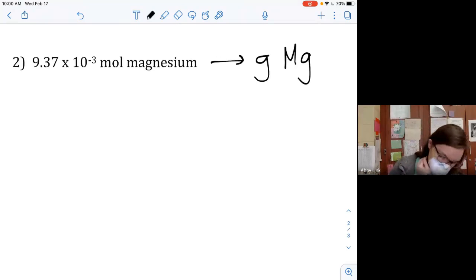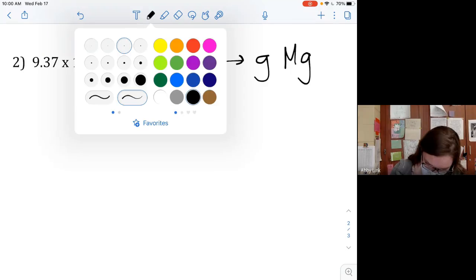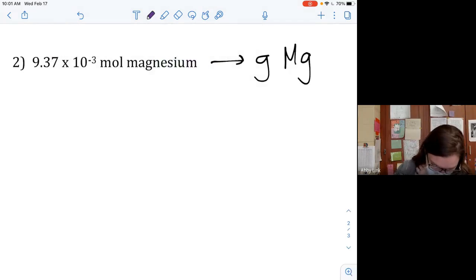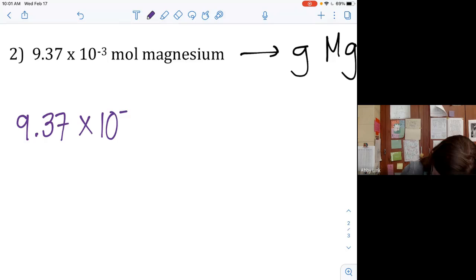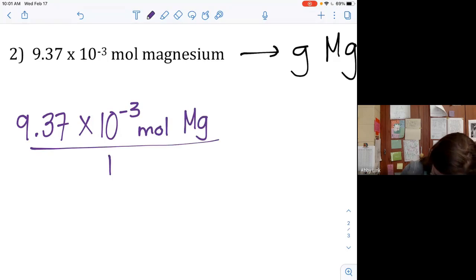All right, I'm going to go ahead and start with what I'm given over 1, making sure to include units. I'm going to draw my multiplication symbol and then draw my line for my conversion factor.